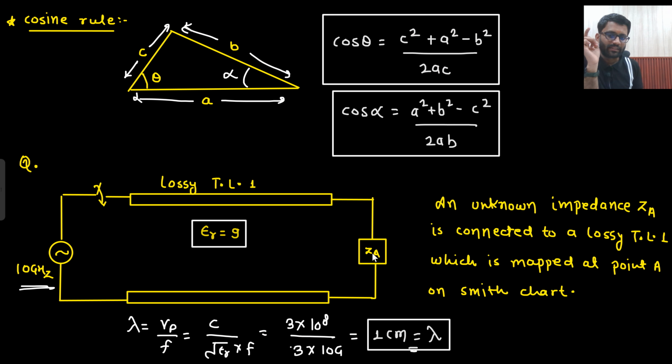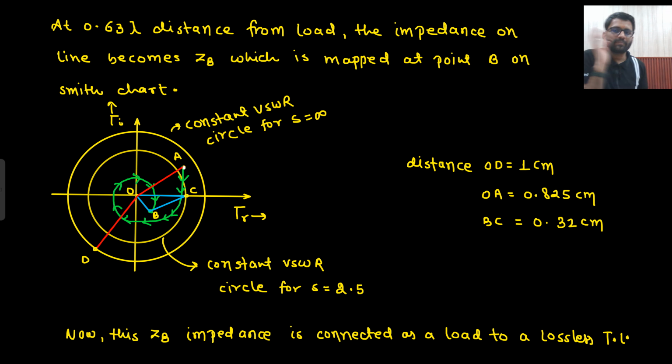This is your ZL dash, or you can say ZA. Now, at 0.36 lambda distance from the load, the impedance on the line becomes ZB. As you walk on the line, the impedance becomes ZB. Is that okay for you? The impedance becomes ZB, which is mapped at point B on the Smith chart.